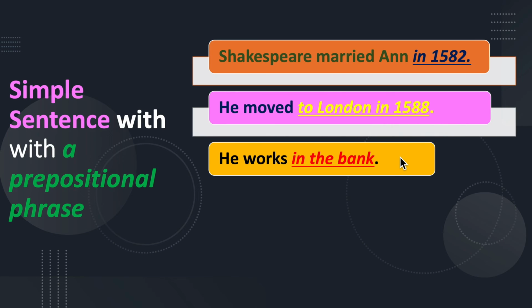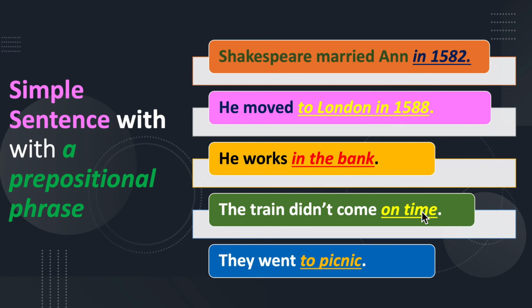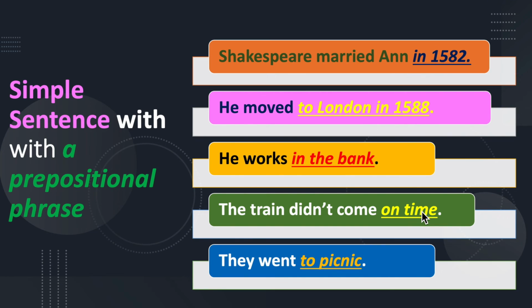He works in the bank. Go to the next. The train didn't come on time. Next. They went to picnic. So what we notice here is that we have all these simple sentences formed with a prepositional phrase such as in 1582, to London in 1588, in the bank, on time, to picnic. So a simple sentence can be formed with a prepositional phrase as well.